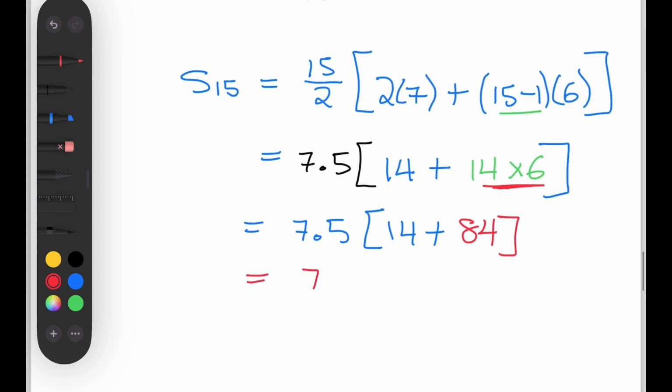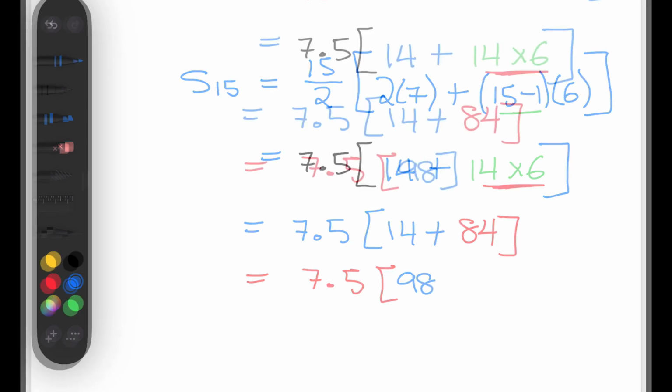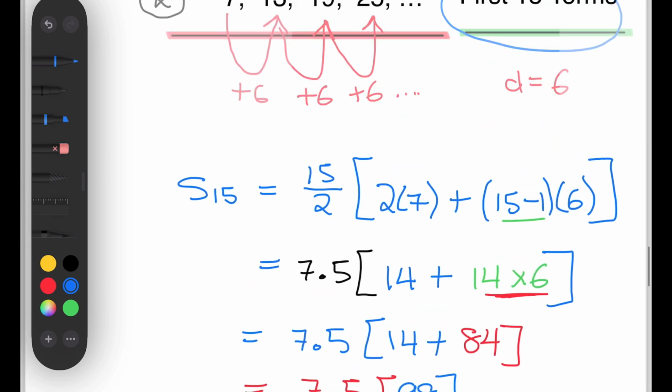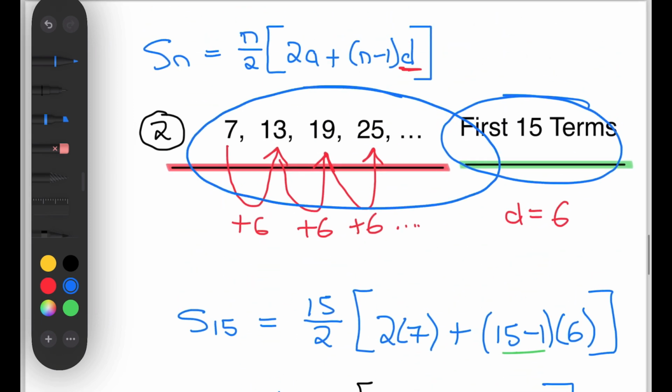And simplifying further, 7.5 bracket 14 plus 84 gives me 98. I'm going to have a final answer of 735, and that is the sum of the first 15 terms of the sequence over here.